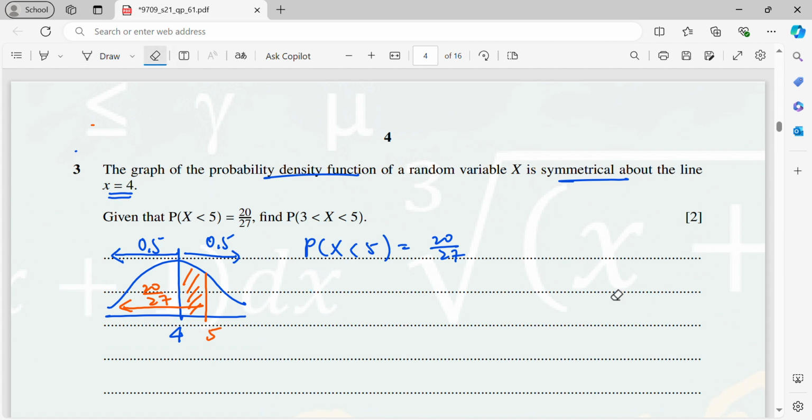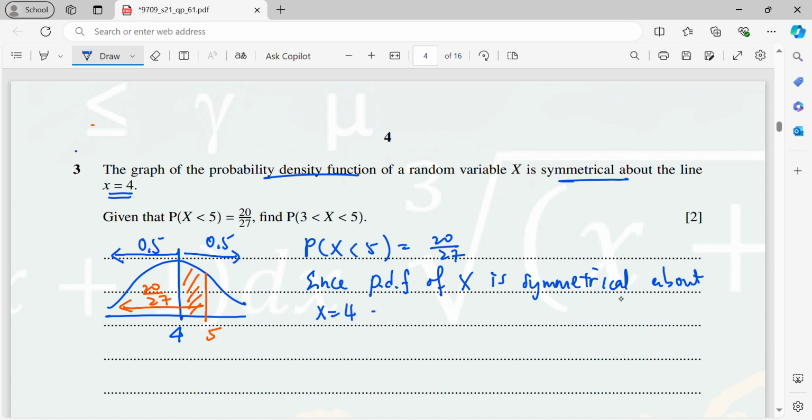Probably you can just write, since the PDF, probability density function, of x is symmetrical about x equals 4, that means P(x < 4) will be 0.5. That's the meaning of symmetrical.